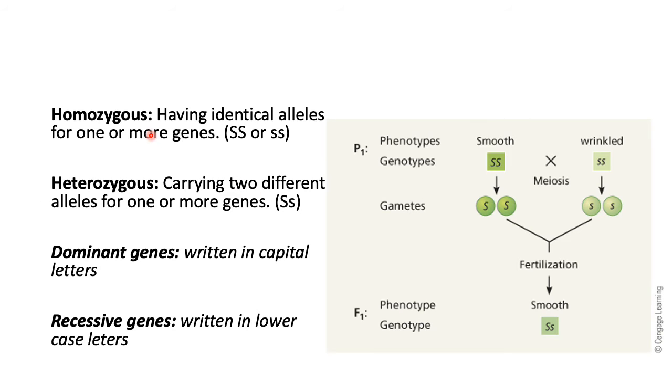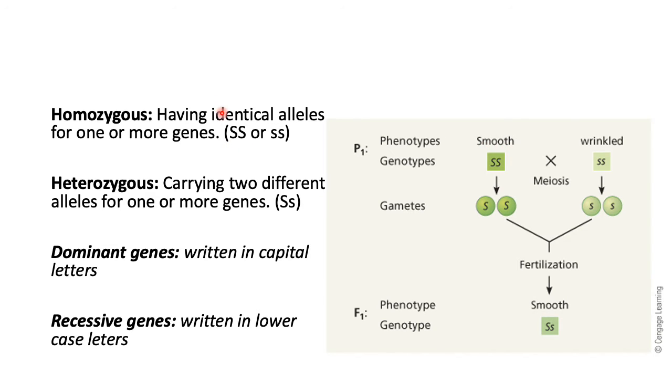So just going over again homozygous and heterozygous. So let's say there is a smooth phenotype, and a plant inherited the capital SS, so this means the dominance for the smooth phenotype.